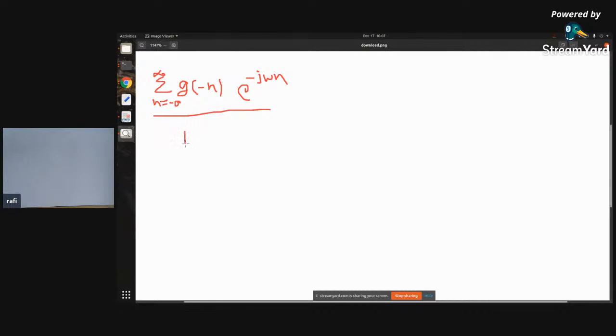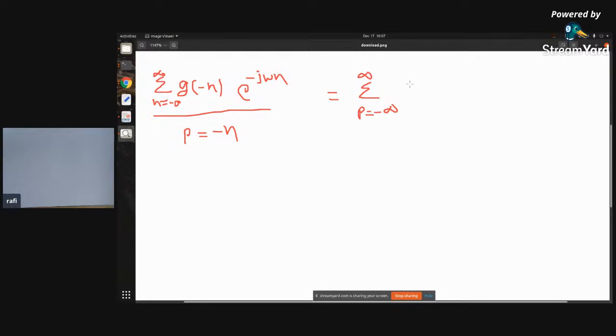So now put p equal to minus n. What happens? Anyway, these limits won't change because it is the sum of n terms. If you add a plus b, it is the same as b plus a, the commutative property will apply.